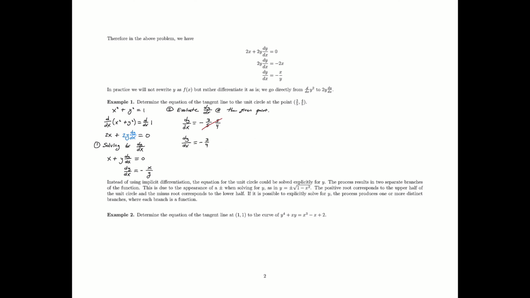That's the slope of the tangent line, but now we need the equation of the tangent line, so we'll use point-slope form. y minus the y coordinate, which is given to us, 4/5, equals our slope, negative 3/4, times x minus our x coordinate, 3/5.